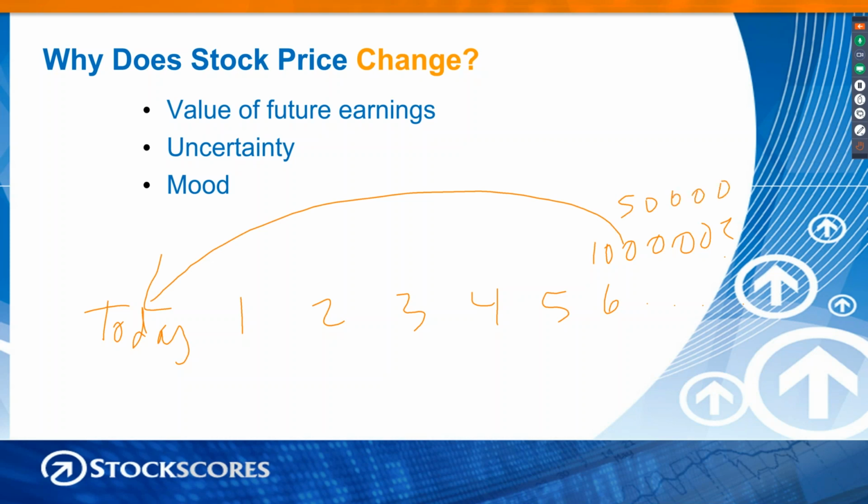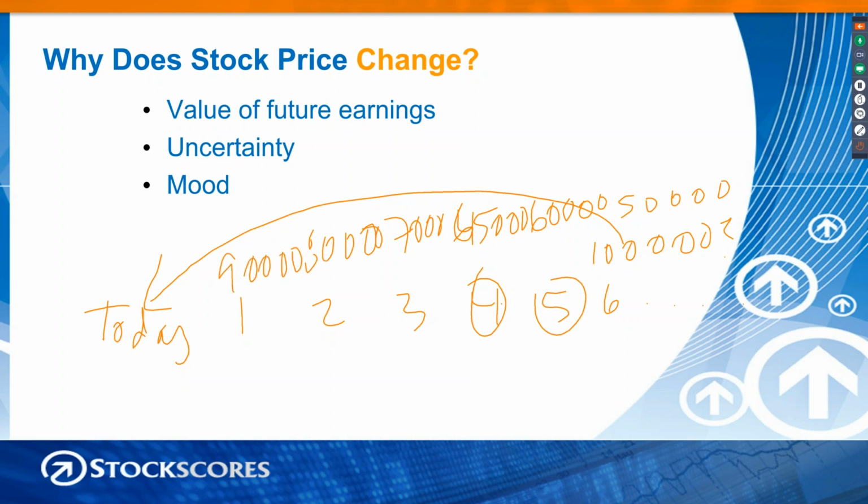And $100,000 in 5 years might be worth $60,000, maybe $55,000. In 4 years, maybe 48. This would be 65,000 maybe. I'm just doing this really rough. 3 years might be worth 70,000. In 2 years, 80,000. In 1 year, you'd be willing to pay $90,000 today for $100,000 in 1 year, right?